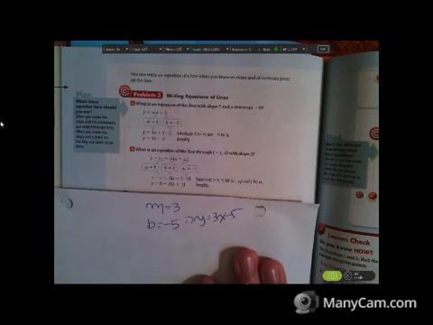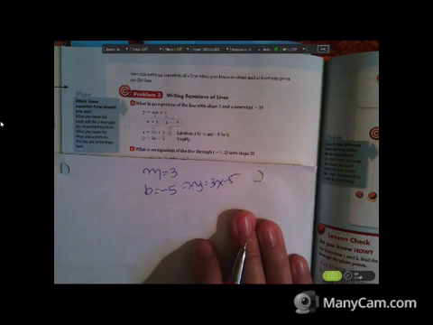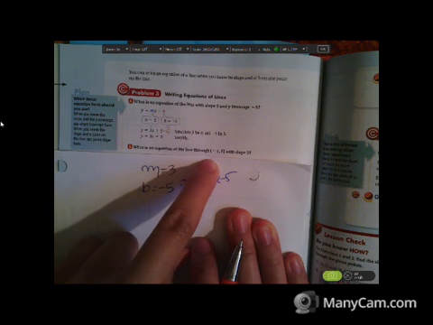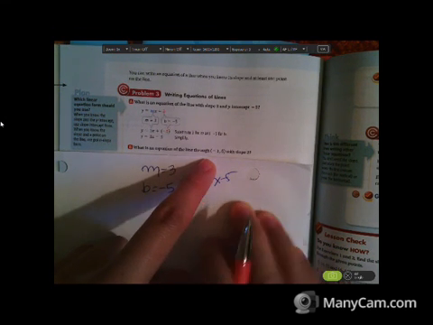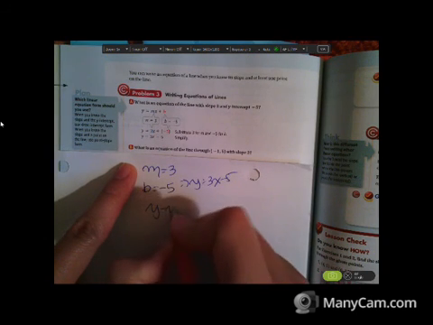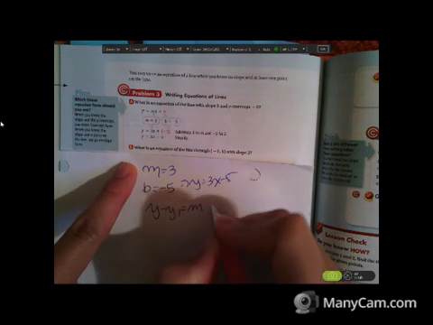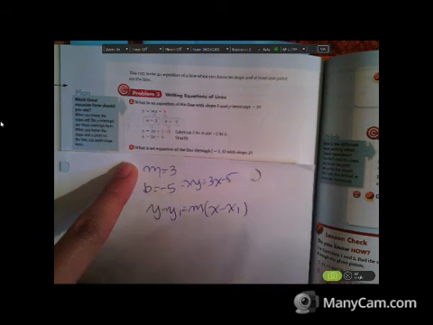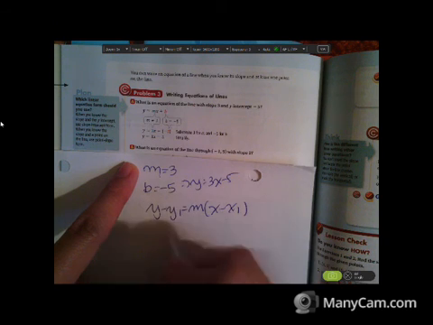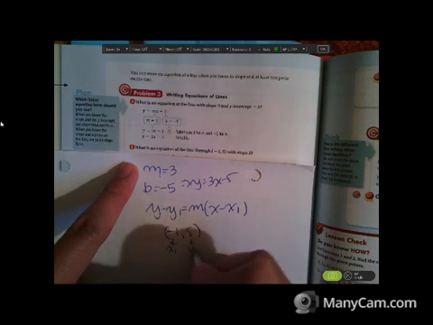Alright, so then the second one is the equation of a line through negative 1, 5 with slope 2. So you can use the y equals mx plus b form, or you can use y minus y1 equals m times x minus x1. Alright, so negative 1, 5, this is going to be our x1, and this is going to be our y1.